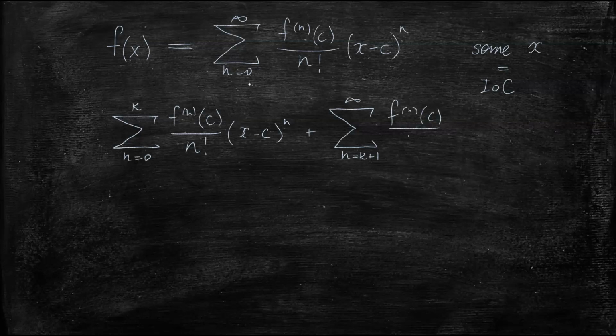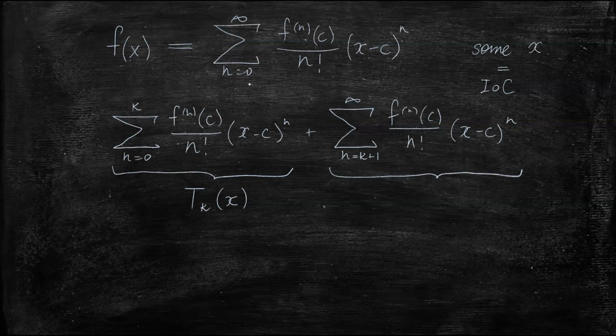The first part now becomes a polynomial, which we refer to as the Taylor polynomial of degree k. And what's left is what we refer to as the remainder.